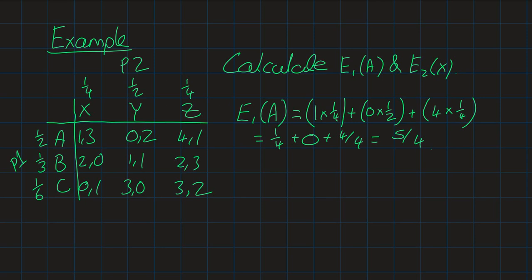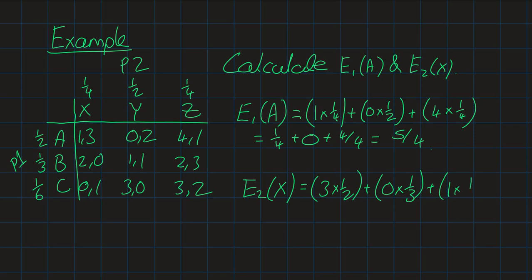Next one was E2 of X. This is the expected payoff for player 2 if they play X. That's how you read it. So if I'm looking at X, this means that player 2 is going to get 3 points half the time, 0 points 1/3 of the time, and 1 point 1/6 of the time. So let's write this out. This is going to be 3 times 1/2 plus 0 times 1/3 plus 1 times 1/6.